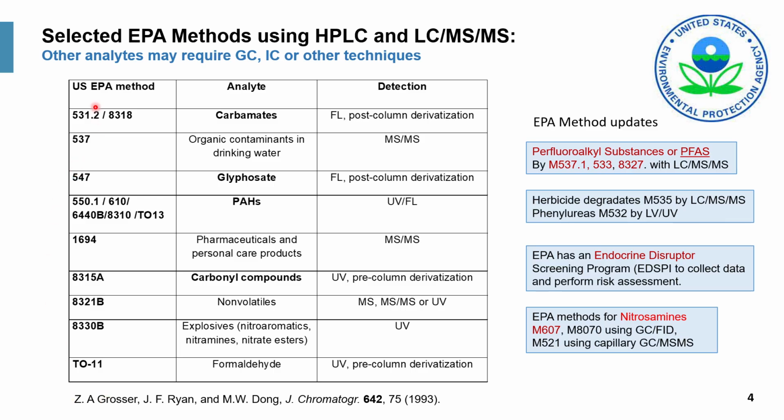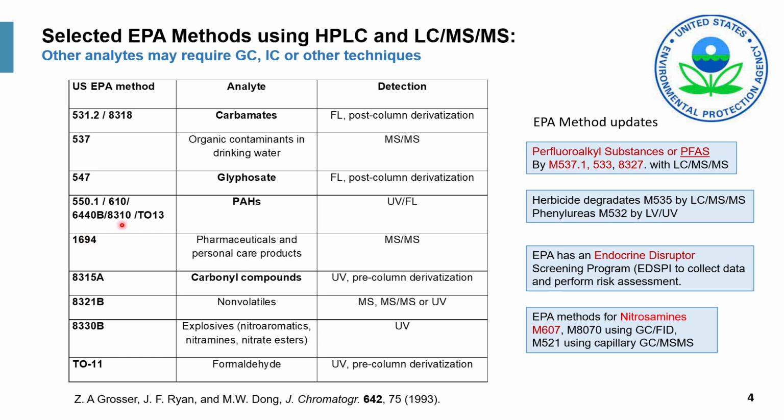So those are some of the very prominent methods which were very active several decades ago, right? Mainly carbamate, 531.2, some organic contaminants, PAHs. For drinking water, the method numbers are designated as the 500 numbers.